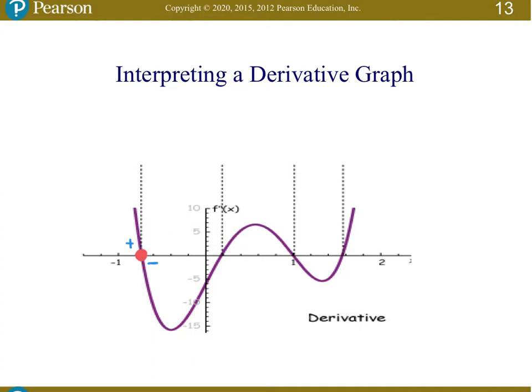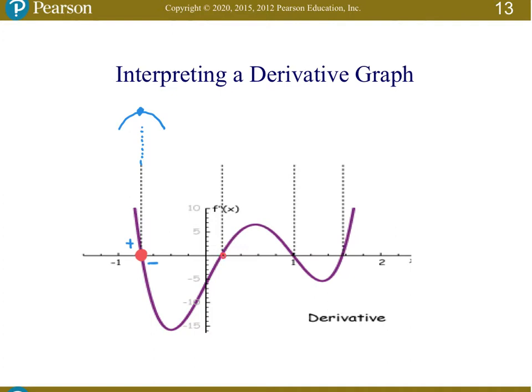That means that the original graph that you have to create has to be a max going from increasing to decreasing. So we'll take this up here, and we're going to make a max that's going to go from increasing to decreasing.